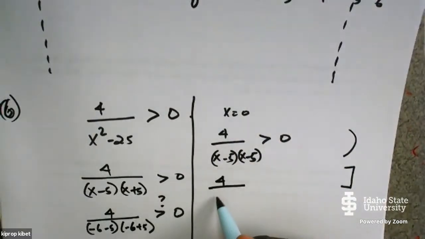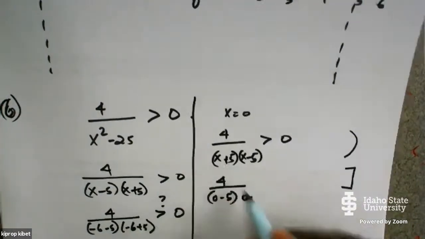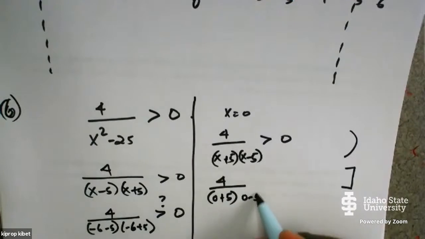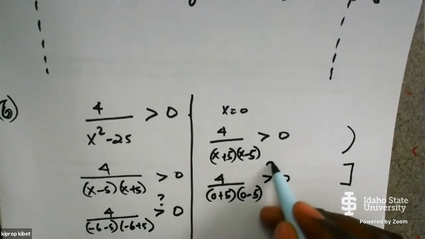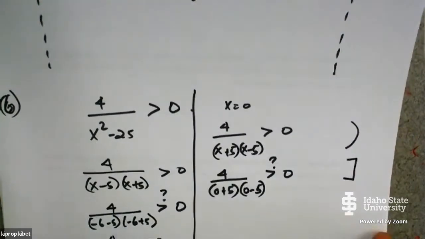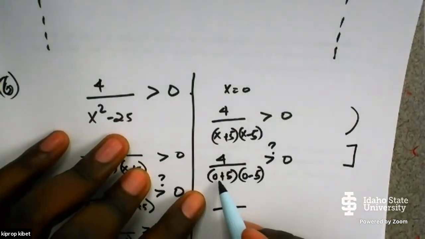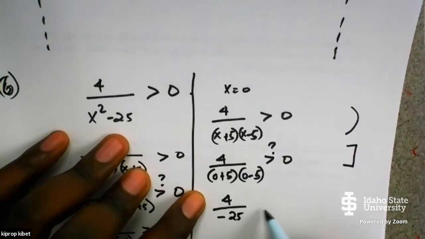So 4 over 0 minus 5, 0 plus 5, which is minus 25.